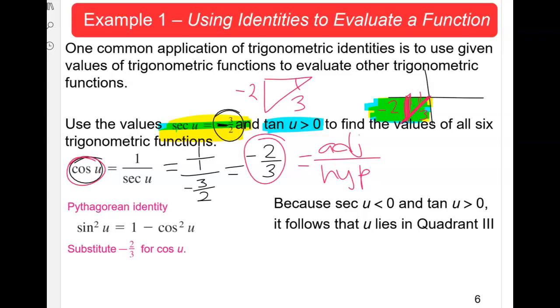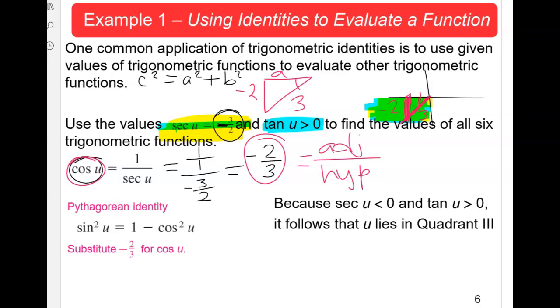And so to evaluate, we're not looking for the hypotenuse. So by the Pythagorean theorem, let's call this a. I'm going to go ahead and write the Pythagorean theorem: c squared equals a squared plus b squared.